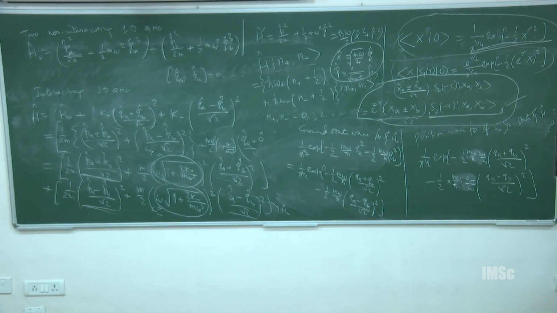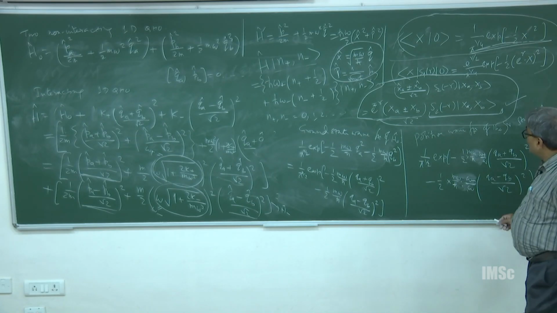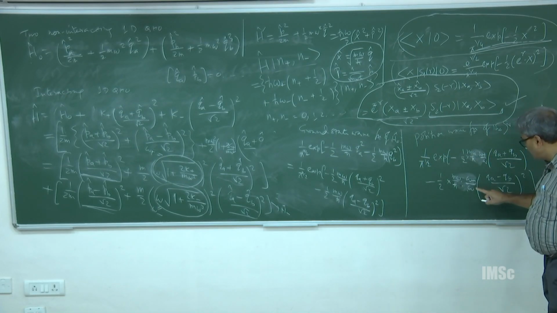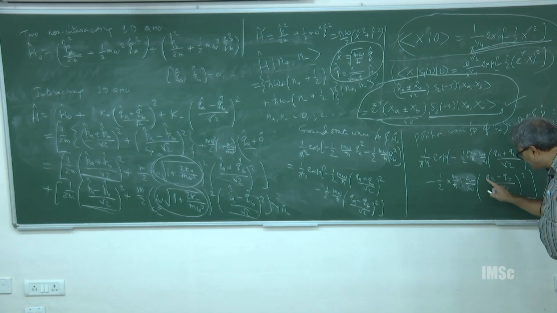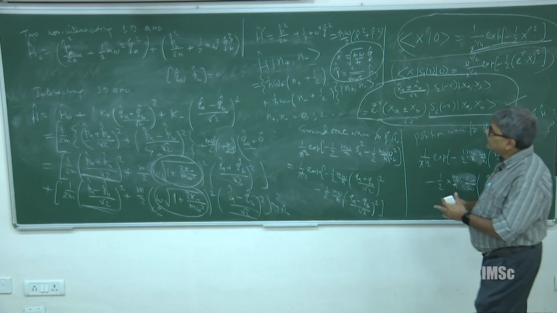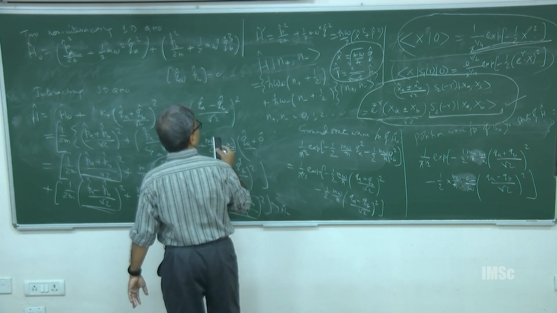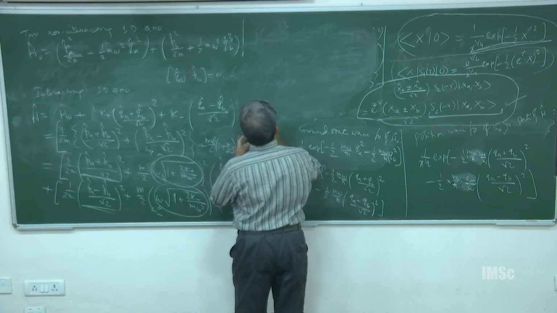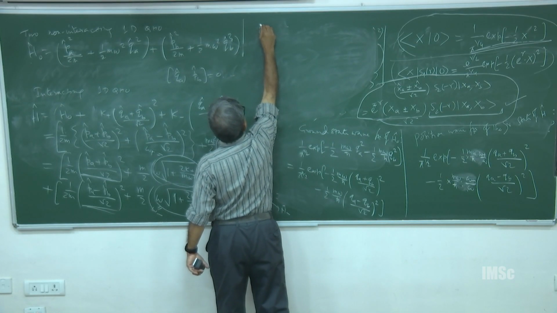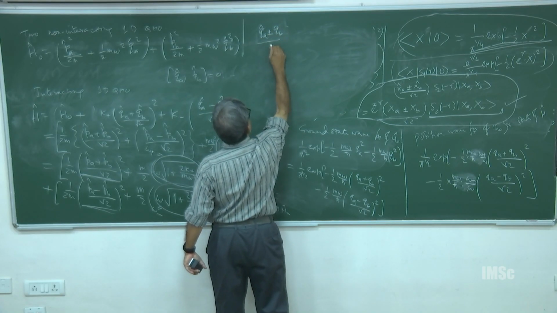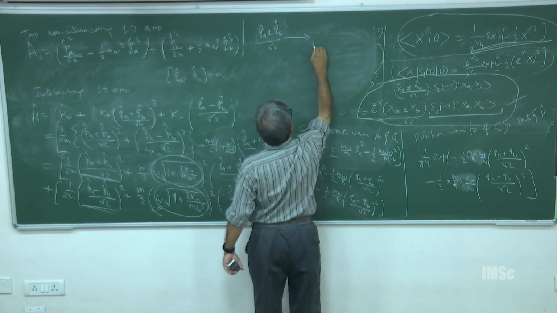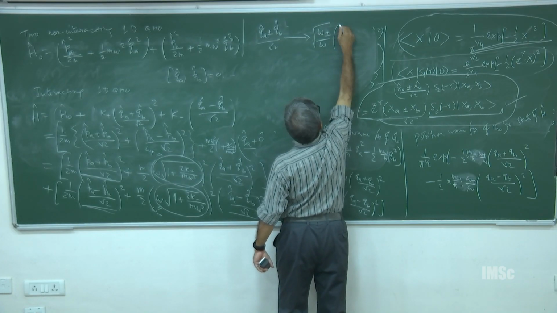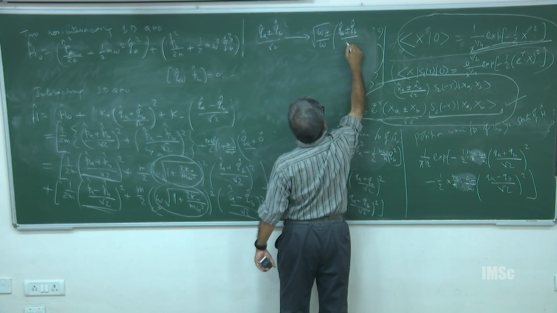So, what is happening is this qa plus minus qb by root 2 gets transformed into square root of omega plus minus by omega, qa plus minus qb by root 2.